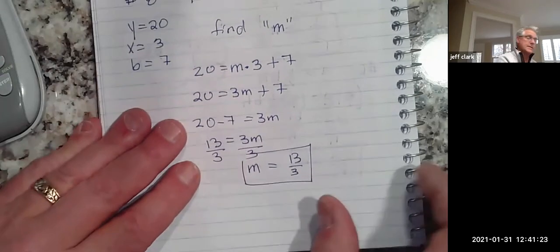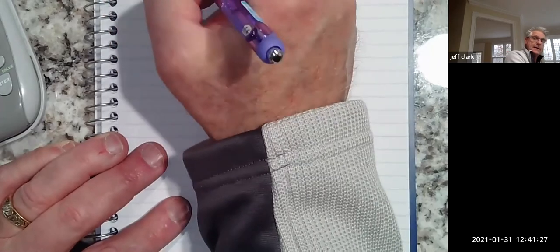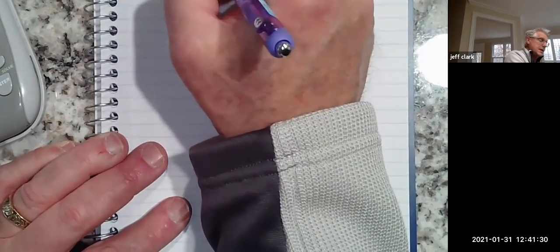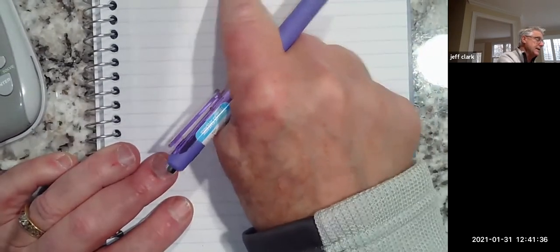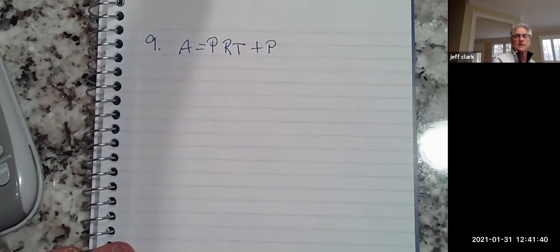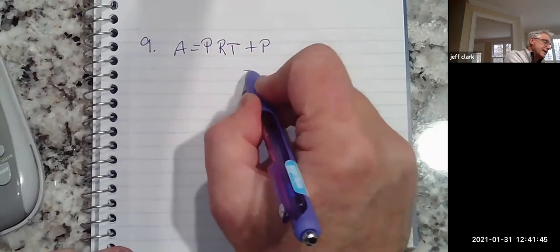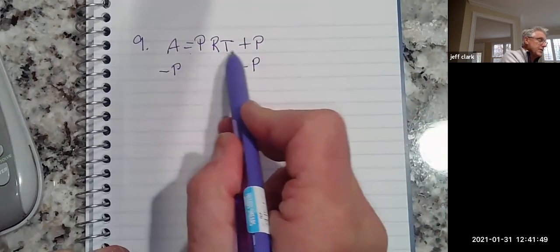Okay, the first one, which will be 9, is A equals PRT plus P. So I'm going to get the T by itself right here. I'm going to move that P over first by subtracting P from both sides. Here's the equal sign. What I do to one side, do to the other.